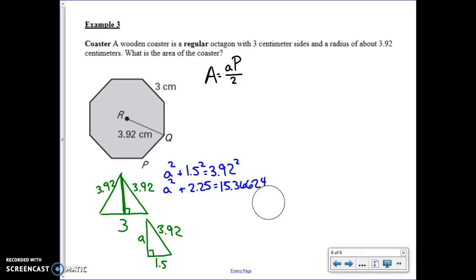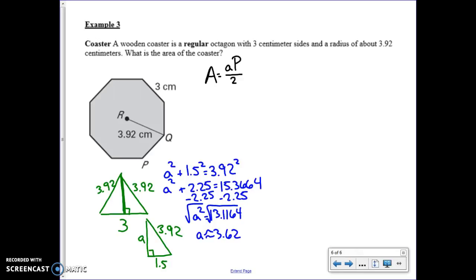Sorry, I don't know where that 2 came from. So I'm going to subtract 2.25. So a squared is 13.1164. Take the square root on both sides. And a is approximately 3.62.